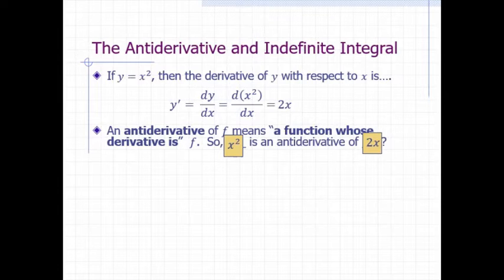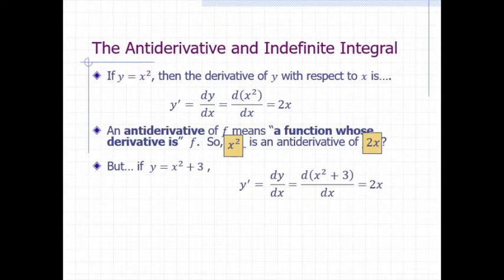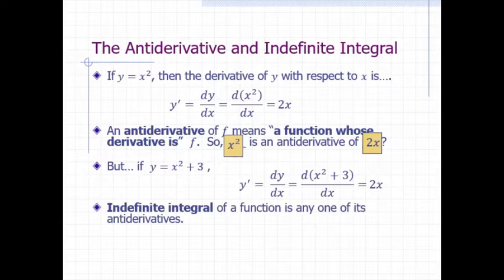But we also know that if y is equal to x squared plus 3, its derivative is also 2x. So we can also say that x squared plus 3 is an antiderivative of 2x. In general, we can add any constant to x squared, and the resulting function would be an antiderivative of 2x.